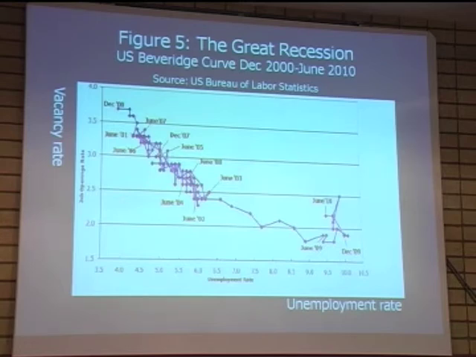So during the beginning of the Great Recession, we march right down the Beveridge curve, down into an area we haven't seen for a long time, right down to June 2009.